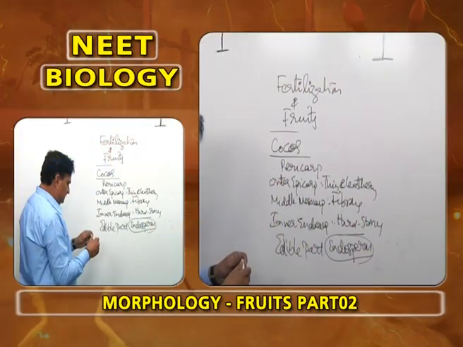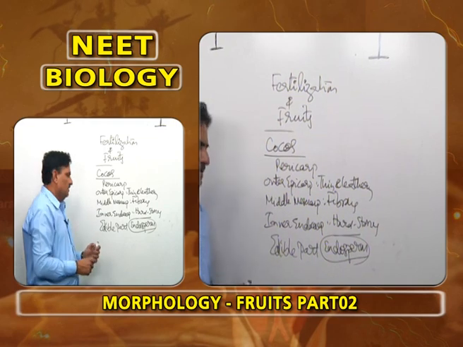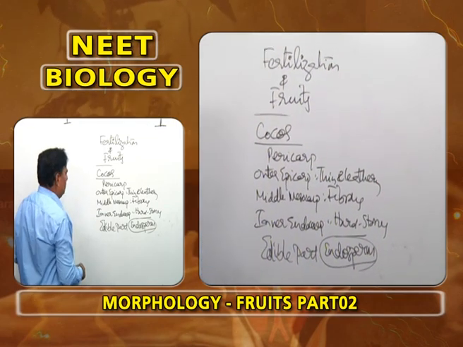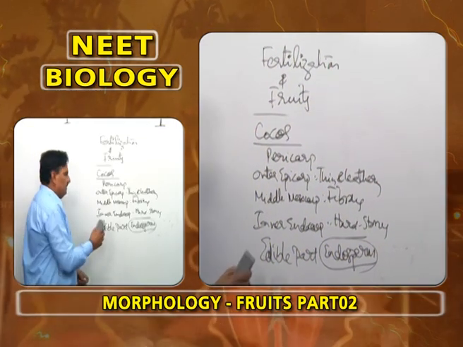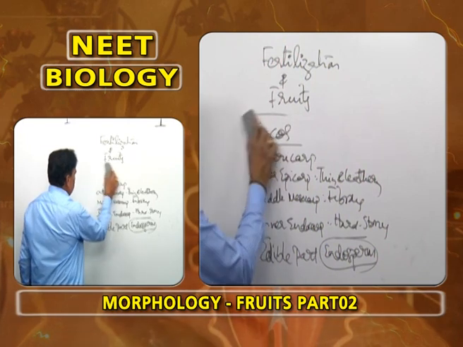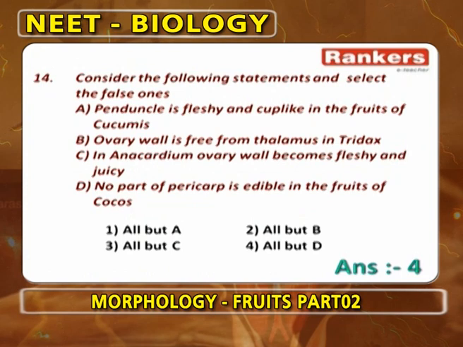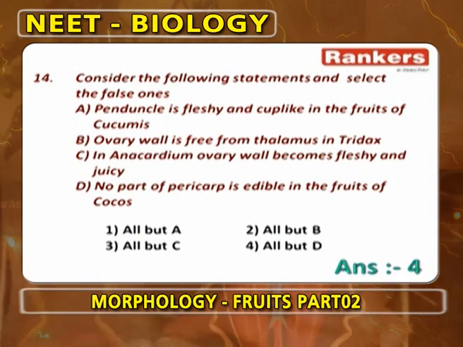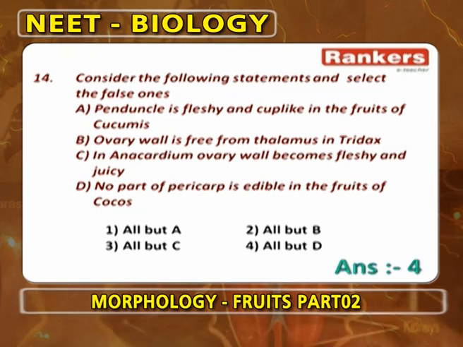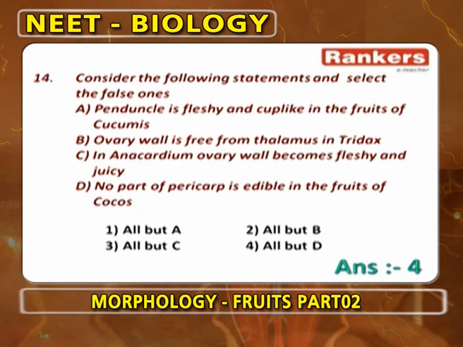So the outer epicarp is thin and leathery, the middle mesocarp is fibrous, and the inner endocarp is hard and stony. So in Cocos, no part of the pericarp, either epicarp, mesocarp or endocarp, is edible. So here 3 are wrong, 1 is correct. Select the false one means D is the only correct one, the remaining 3 are false.